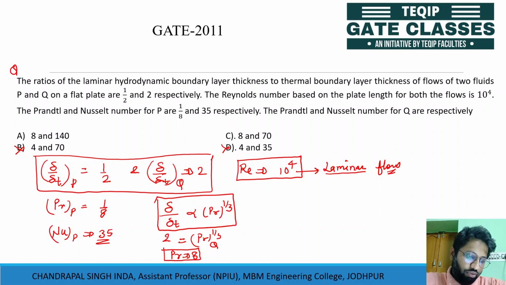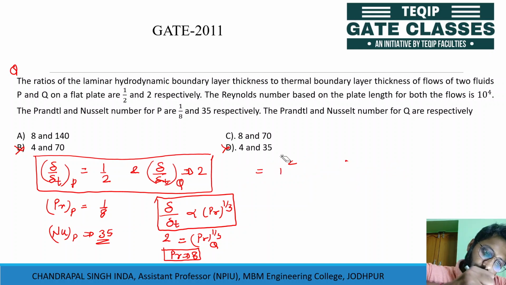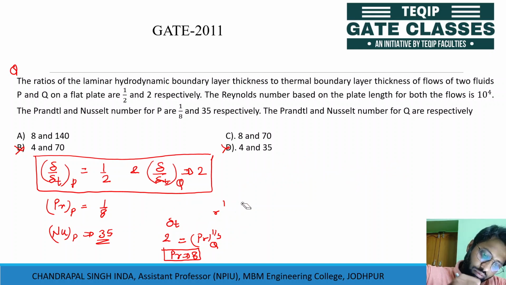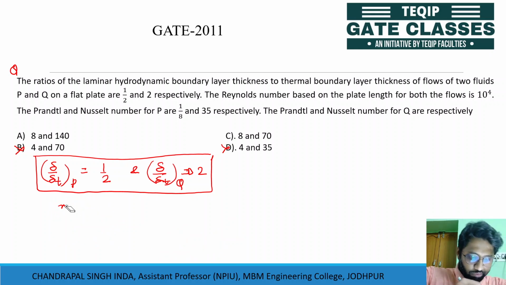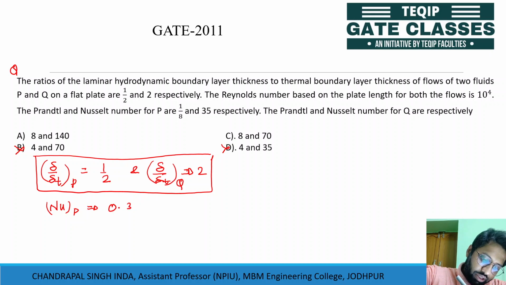So let's find the value of the Nusselt number for laminar flow over a flat plate. The Nusselt number for P fluid is equal to 0.332 times Reynolds number power 1 by 2 times Prandtl number power 1 by third.